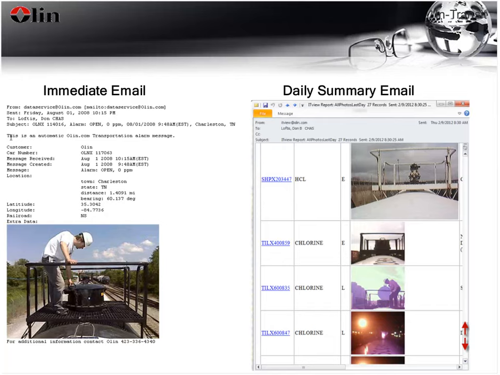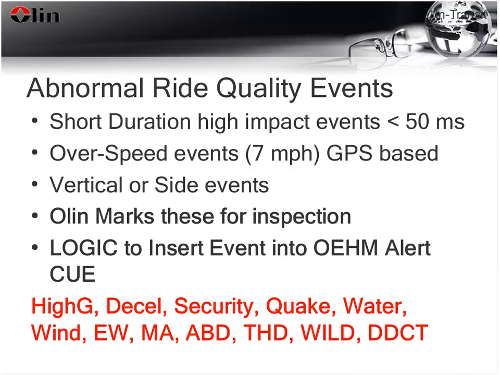So I've already mentioned most of these abnormal ride quality events, but I did want to say that what we do when a car is in transit is we collect these alerts, these high G alerts, these deceleration event alerts, security, but we also tap into the USGS and get earthquake information and we get early warning and maintenance advisory and acoustic brake detector information and truck hunting, wild equipment health alerts, DDCT, and wind.